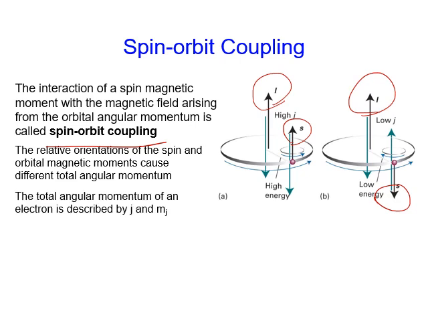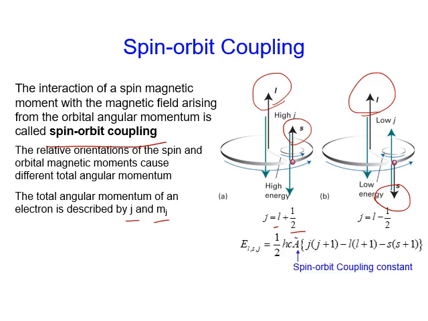The total angular momentum of an electron is described by the quantum numbers J and Mj. In the first case, because the orbital angular momentum and spin angular momentum are in the same direction, we add these two together. So L is the orbital angular momentum quantum number, and half is the spin angular momentum quantum number. Now, in the second case, they are in opposite directions, so L minus half.